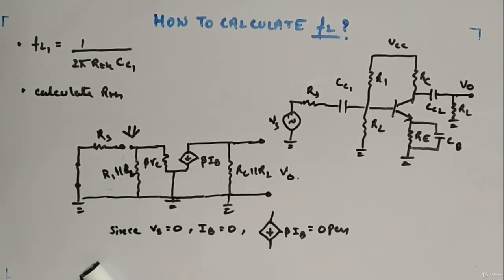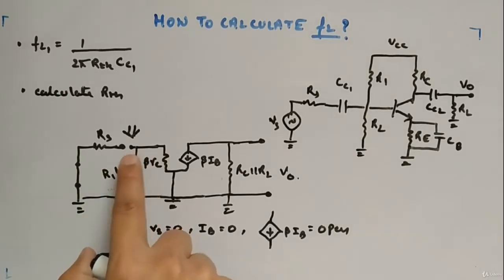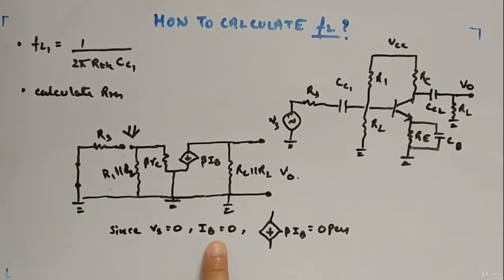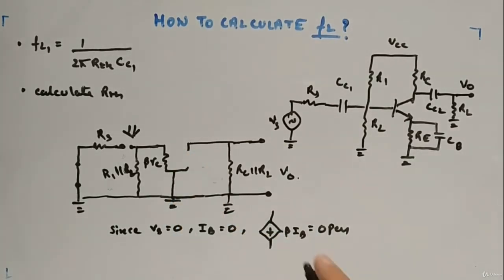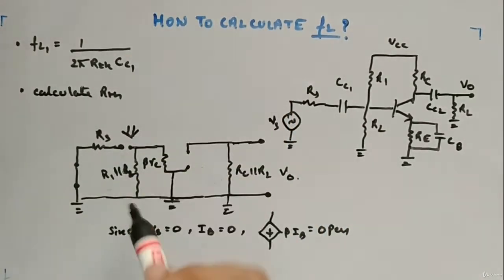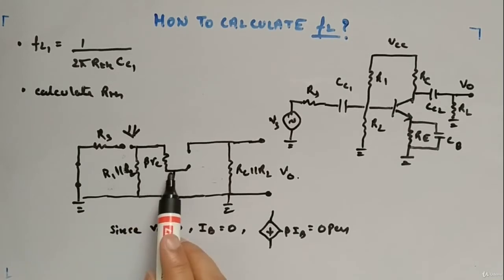This is the parallel combination of R1 R2. Since VS is 0, there won't be any current IB, and that's the reason this beta IB will be open, because IB is 0. So they will act as an open circuit. So I can remove it. This is how the circuit will become. So if you look from here, you have two resistances in parallel in series with RS.